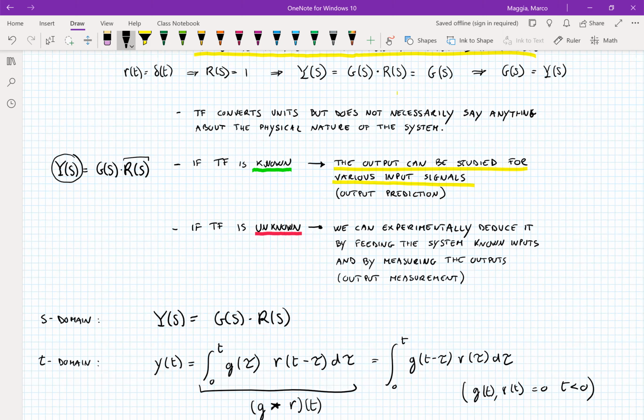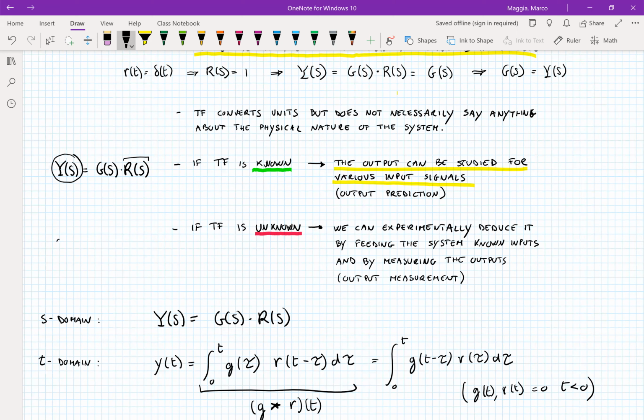Conversely, if the transfer function is unknown, so if we have a system and we don't have a mathematical model for it, therefore we don't have the transfer function describing its dynamics, what we can do is deduce the transfer function experimentally by feeding the system known inputs and measuring the outputs.